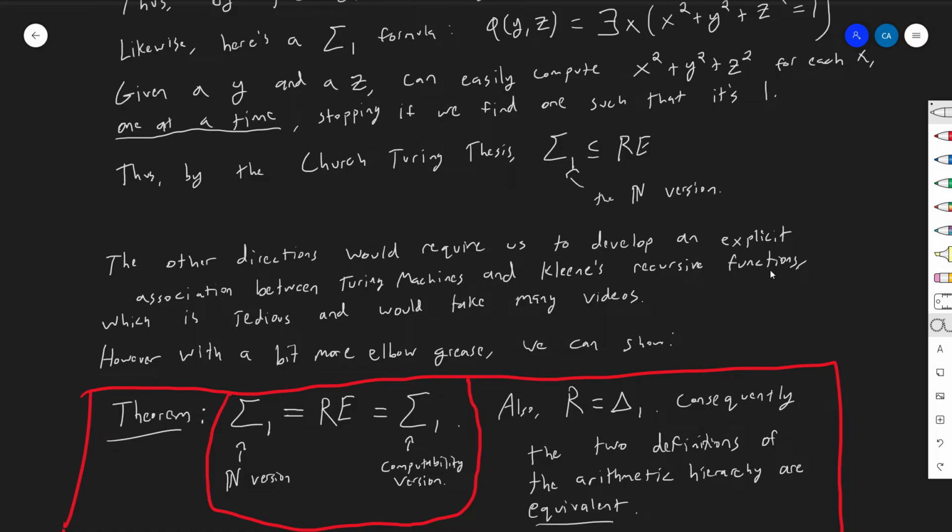The whole point of these videos is to avoid doing anything super technical. That's a little too technical, so I think people will probably be satisfied with that outline. To show this other direction, you'd have to code Turing machines as number theory statements, which can be done. I'm just going to have to leave it at that.